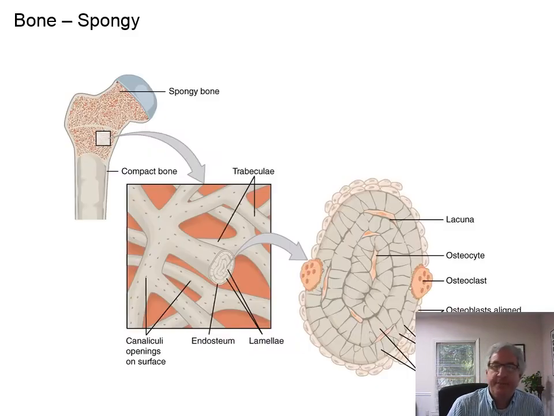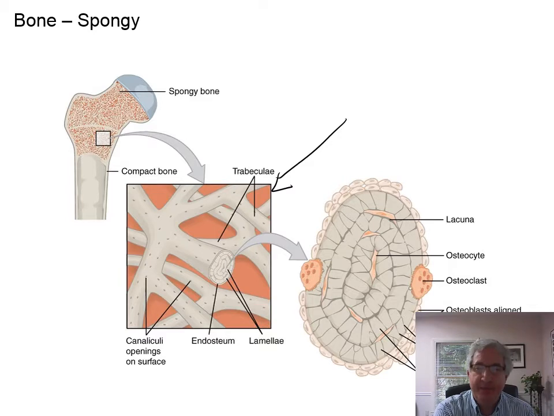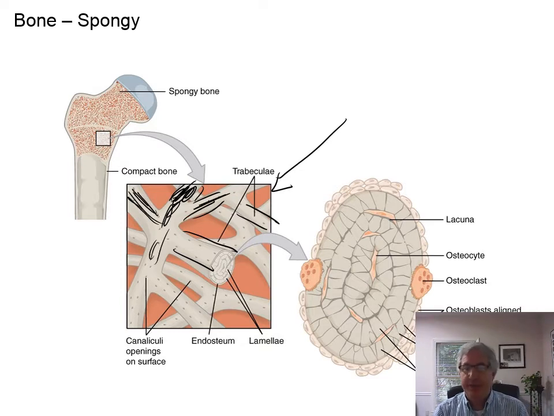All right, next slide. Spongy bone. So we talked about cortical bone, what that looked like from a microscopic viewpoint. Now, spongy bone, it looks like this when you look at it on the microscope. Okay, it has these beams. Here's a beam. Here's a beam. There's a beam up here. It goes all different directions, but it has lots of space between these beams, okay?